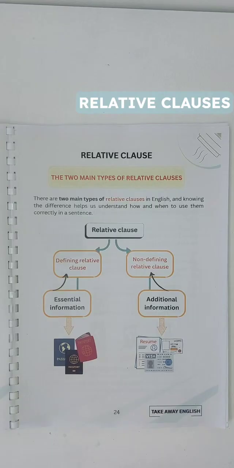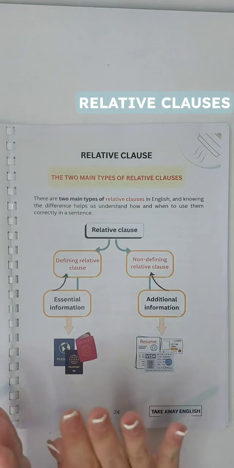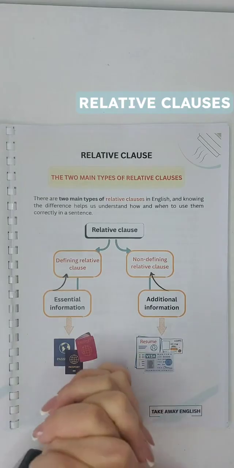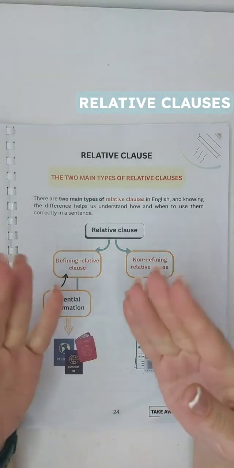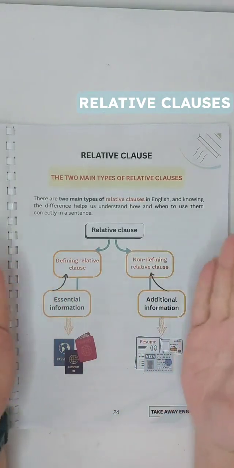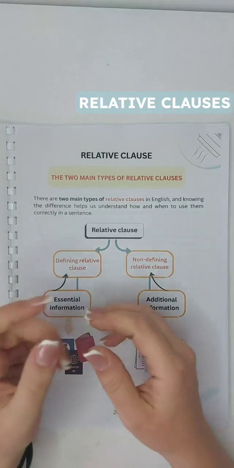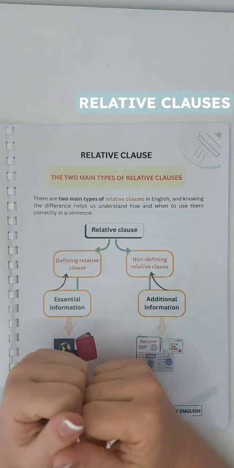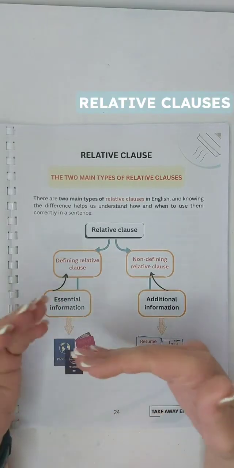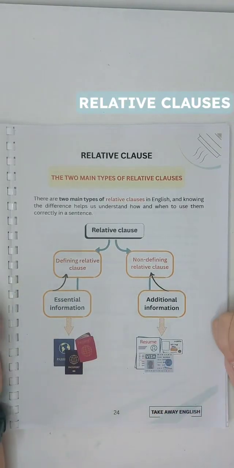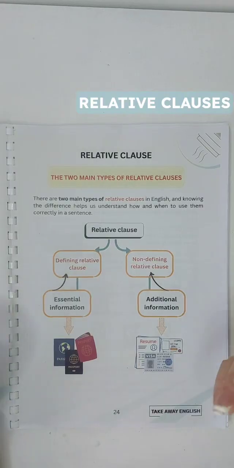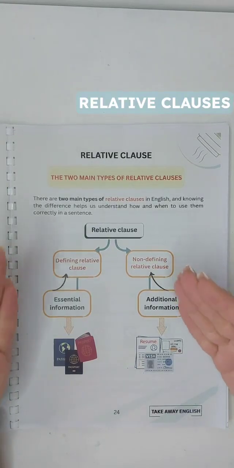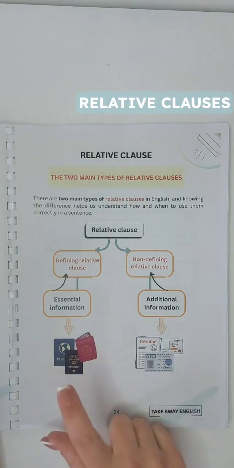Again, today I want to explain the two different types of relative clauses. Because yes, we know what a relative clause is, but it's important to understand the different types of relative clauses and the differences between them. So there are two types of relative clauses.